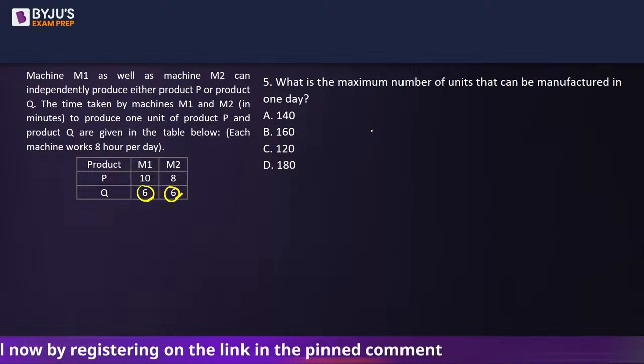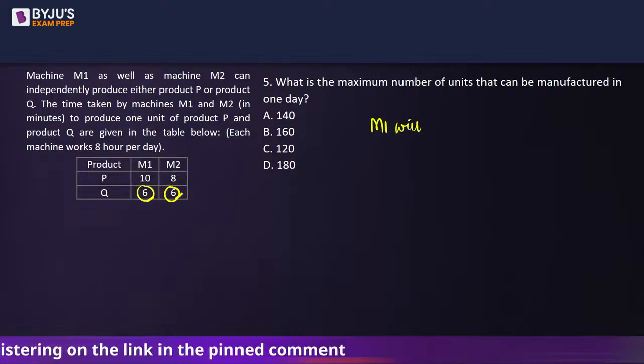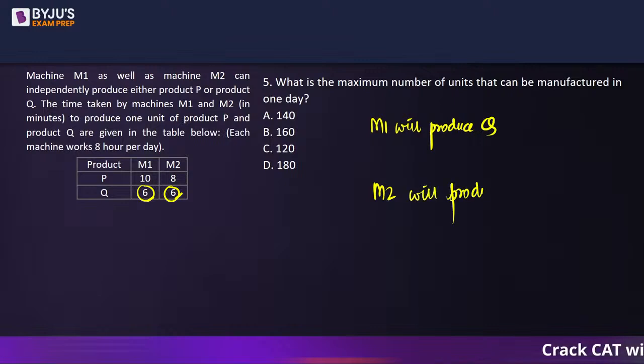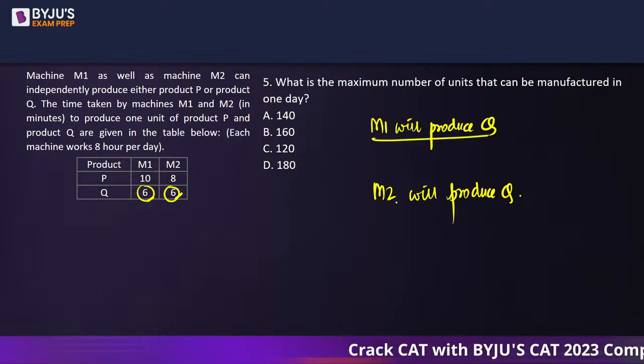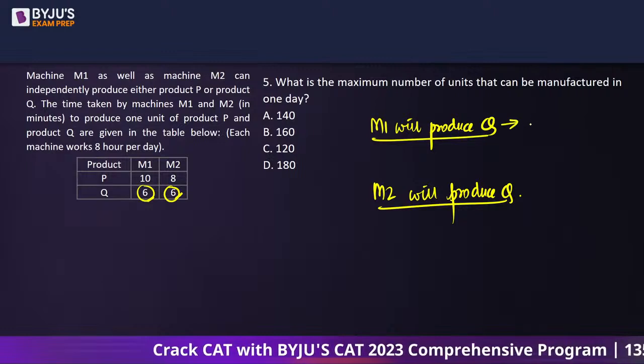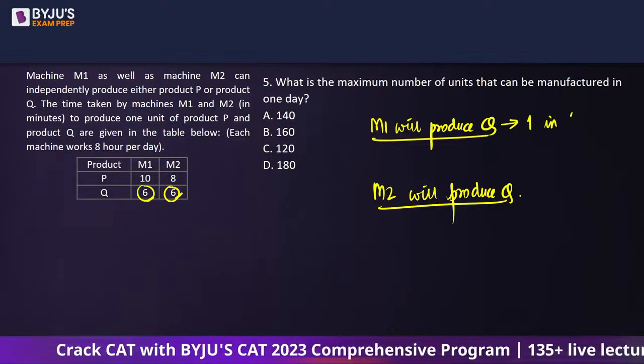So हम क्या करेंगे? M1 will produce Q, product Q, and M2 will also produce Q. ऐसा तो जरूरी नहीं है कि P and Q both should be produced. They both are going to produce Q. Why? Because Q जल्दी बनता है दोनों मशीन से. So Q produces 1 unit in 6 minutes.